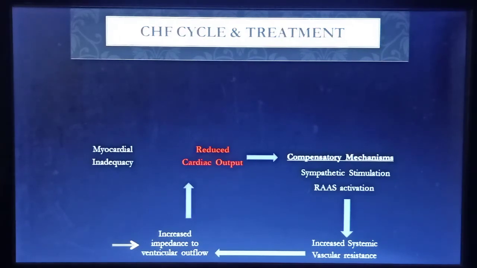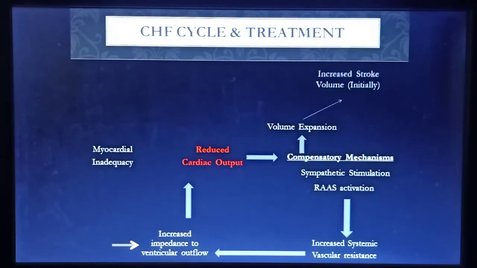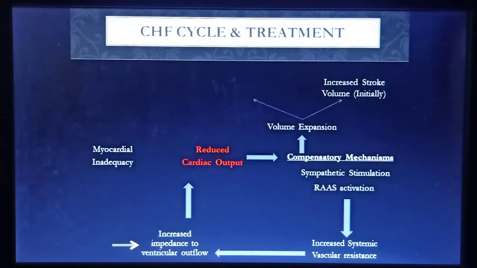This leads to reduced cardiac output. So this is the cycle. Due to the compensatory mechanism, volume expansion increases in the heart. Initially it increases the stroke volume, and later it dilates the ventricles. That leads to the reduction of cardiac output. So this cycle goes on until the heart fails.